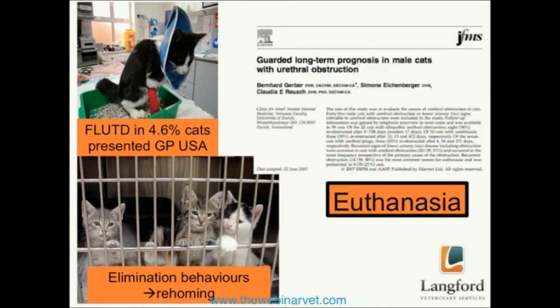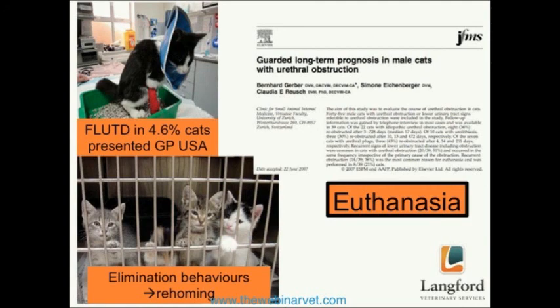There was a paper published in the Journal of Feline Medicine and Surgery back in 2008. This was a Swiss group of researchers, and they looked at cats that had been presented to their clinic with urethral obstruction and looked at the prognosis and outcomes seen with these patients.